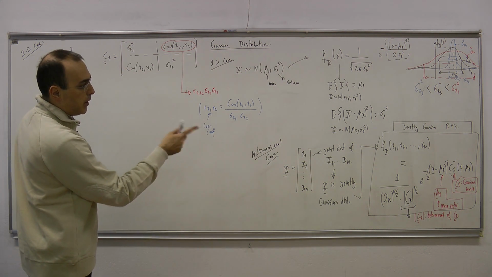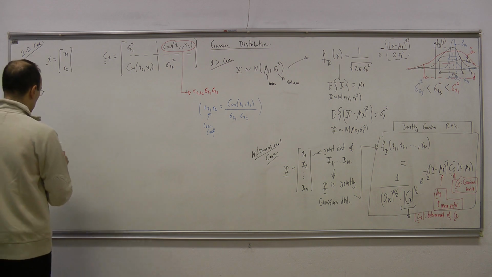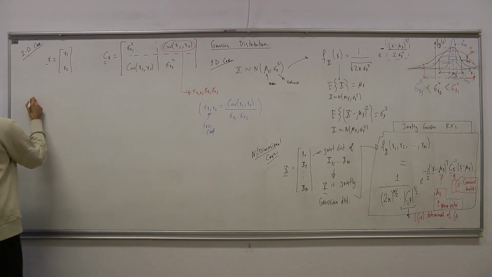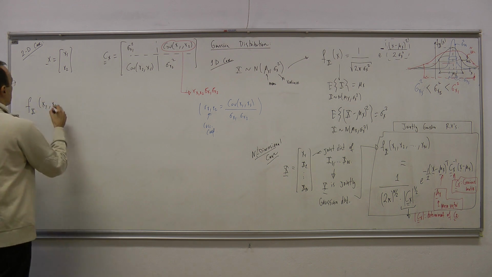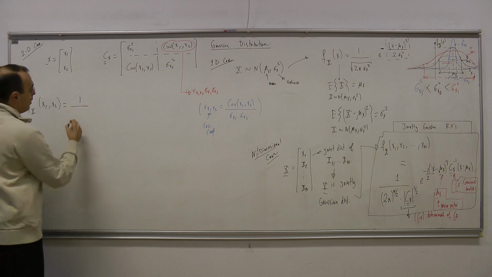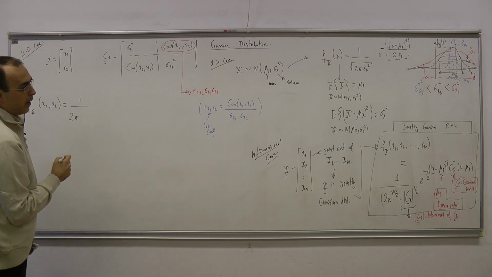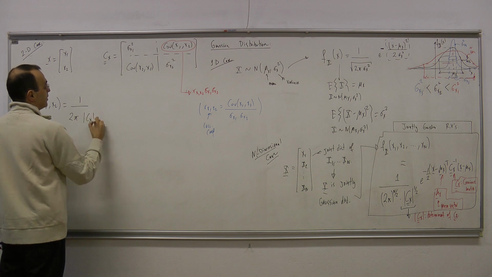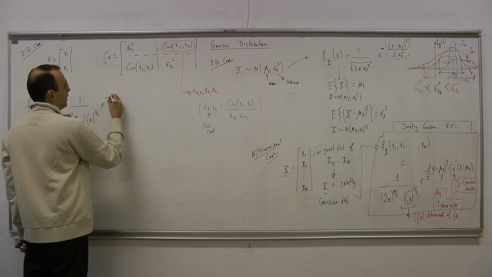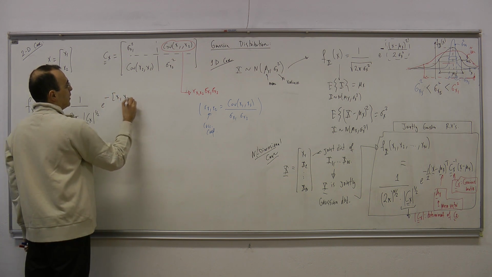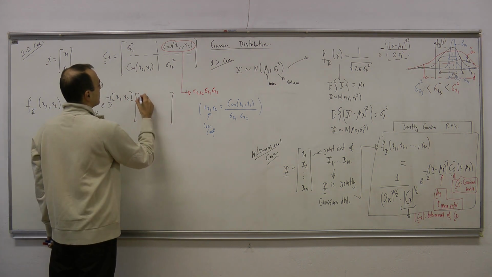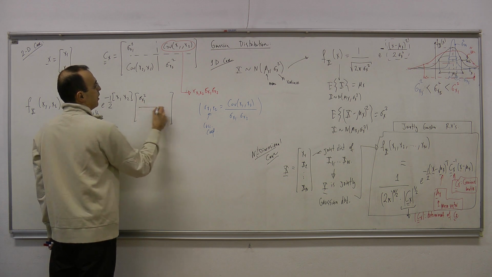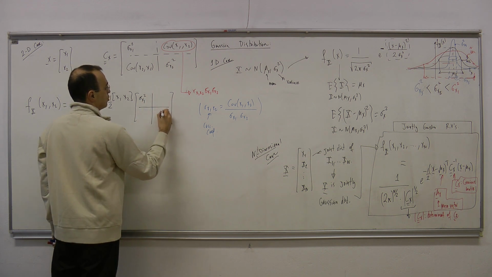So I have the mean vector that is easy to handle. So if I write this, then the joint density in terms of two variables, x1 and x2, I have 2 pi determinant of this matrix times e to the minus x1, x2 times this matrix sigma x1 square, x2 square.